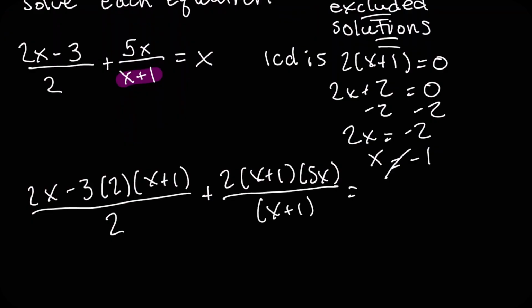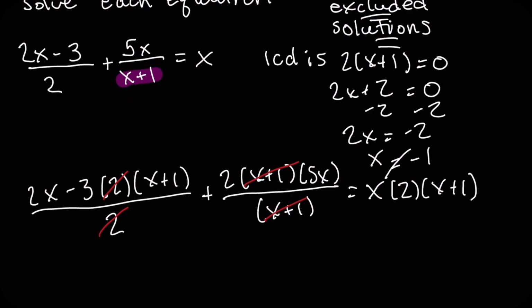And then last we will have an x, and then that will be multiplied by the 2 times (x + 1). So go ahead and see what will cancel out. In our first one, we can go ahead and cancel out these 2's. Second part, we can cancel out the (x + 1), and then we'll leave the last part.